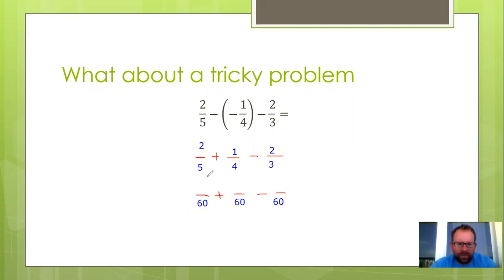Okay, so then 5 times what was 60? Well, let's see. 5 times 6 is 30. So 5 times 12 will be 60.